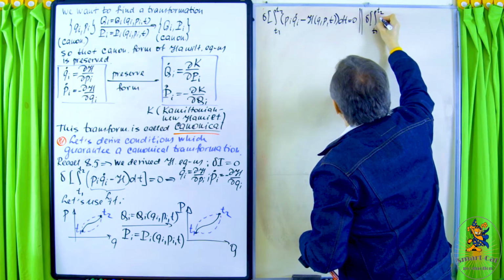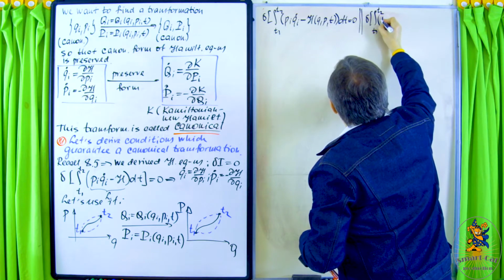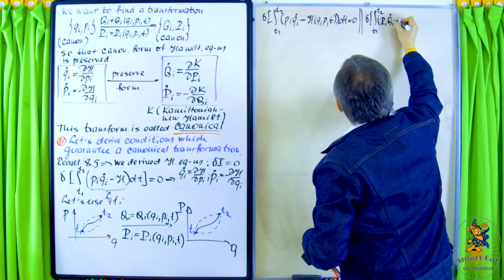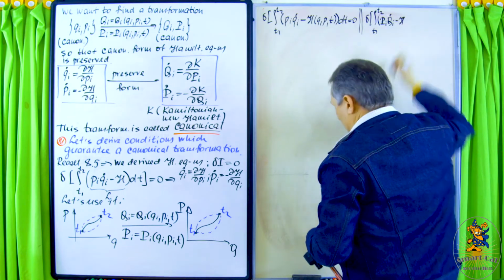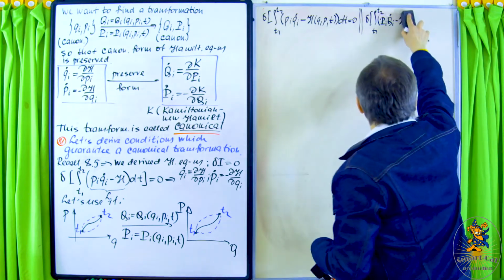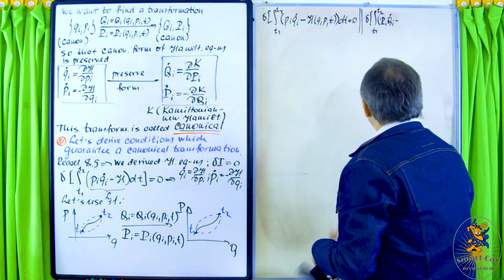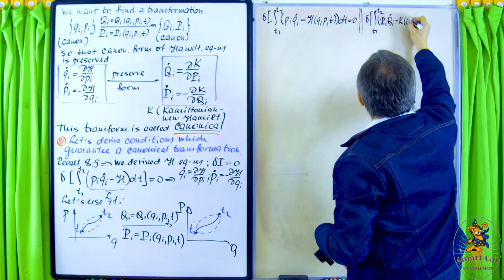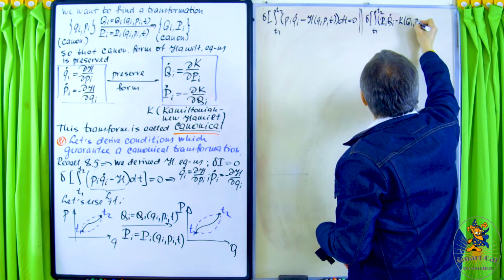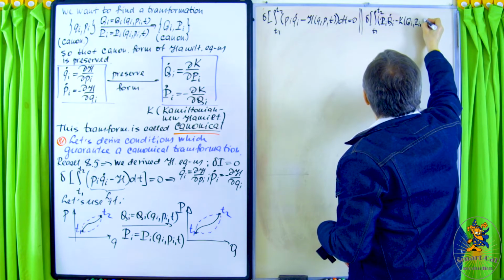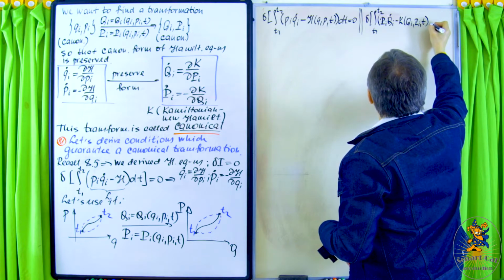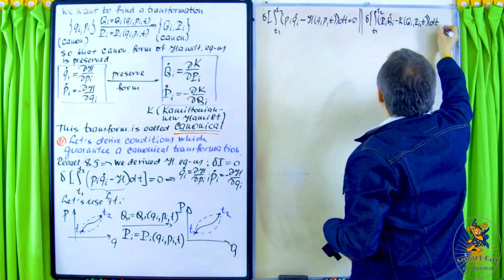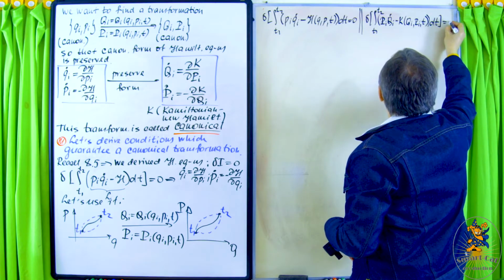T1, T2, P capital, Q capital dot minus Hamiltonian. Okay, not Hamiltonian, Camiltonian, K. Minus K, which is a function of Q, P capital, T, then dt, and it must be equal to 0.